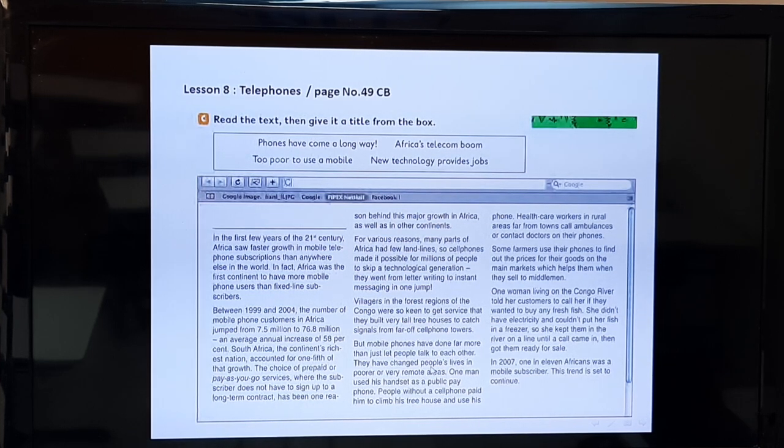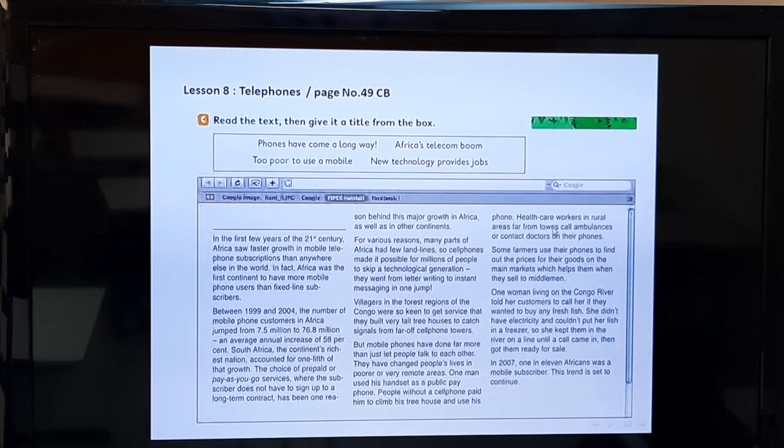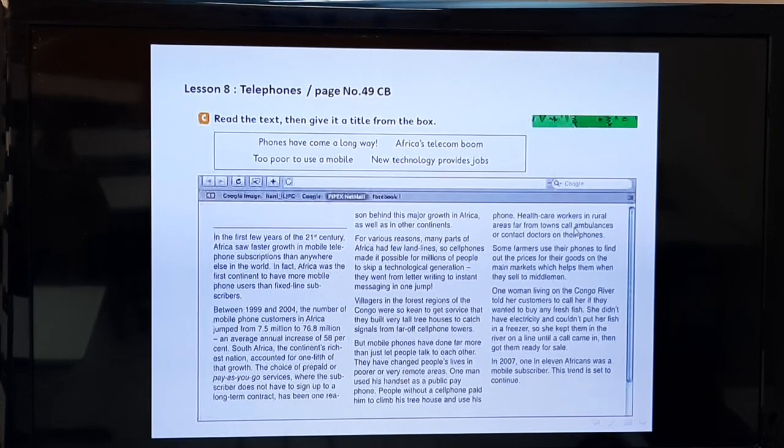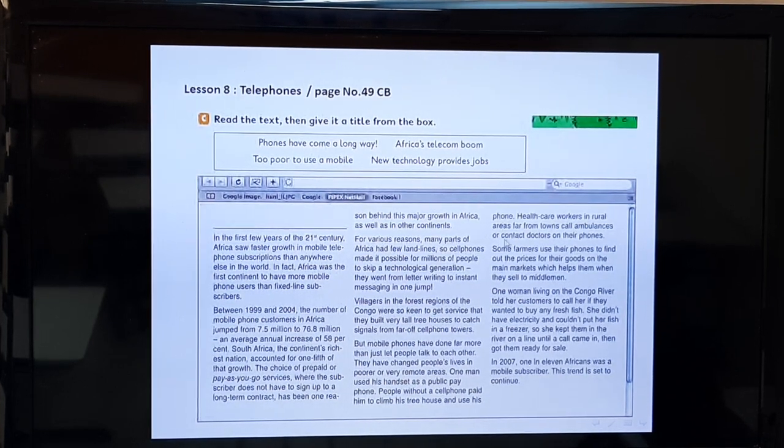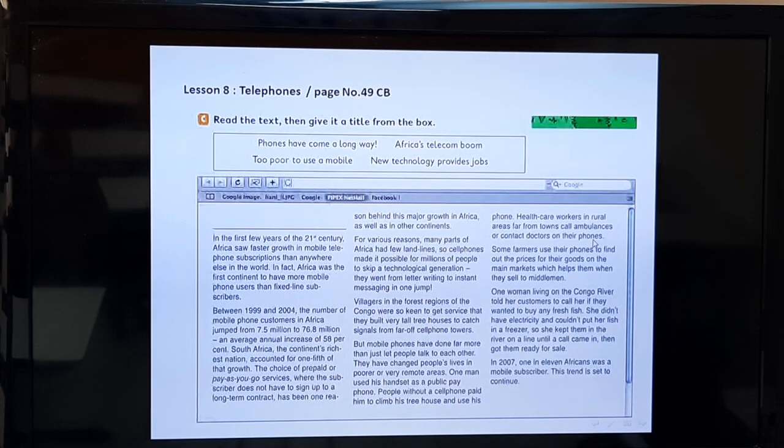They have changed people's lives in poorer or very remote areas. One man used his handset as a public pay phone. People without a cell phone paid him to climb his tree house and use his phone. Healthcare workers in rural areas far from towns call ambulances or connect to doctors on their phones.